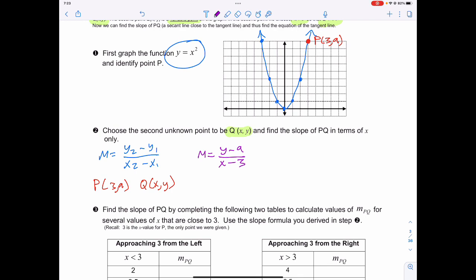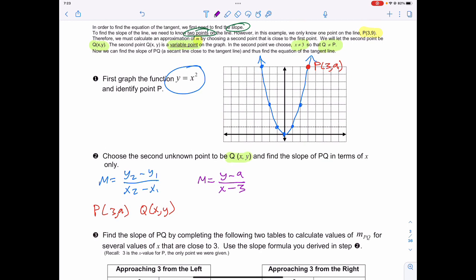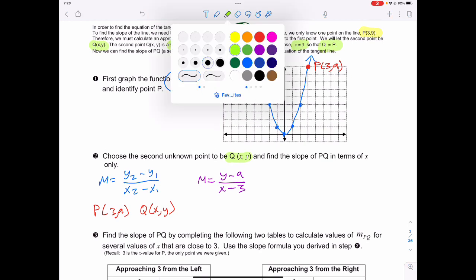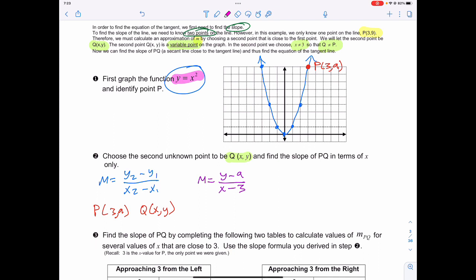I also know that this goes through the point on the function y is equal to x squared, which means that I have something that can represent what y is in this case. If y is equal to x squared, then instead of saying y, I'm going to replace that with x squared minus 9 over x minus 3, because remember, the point still has to exist on that quadratic curve.